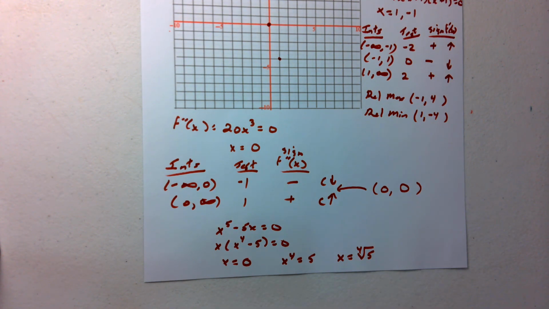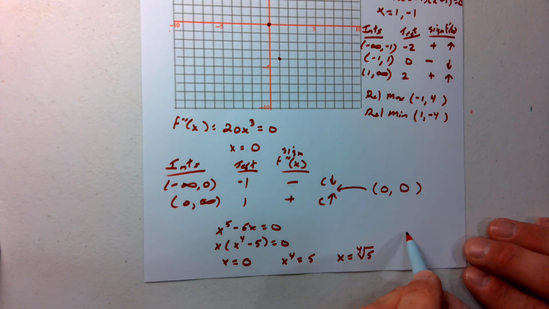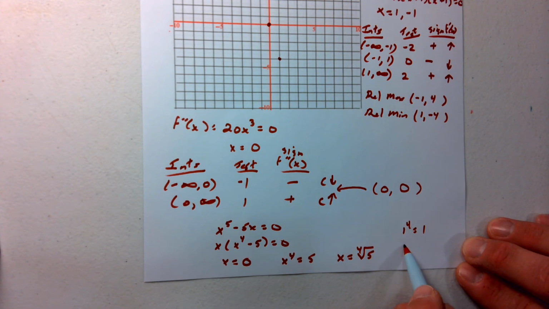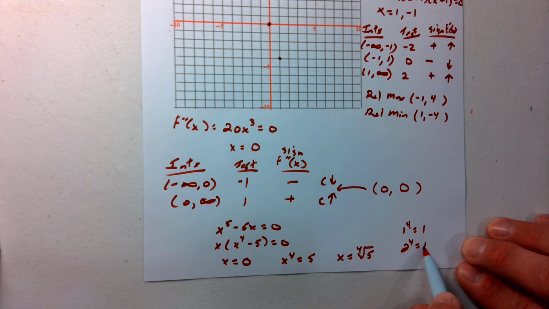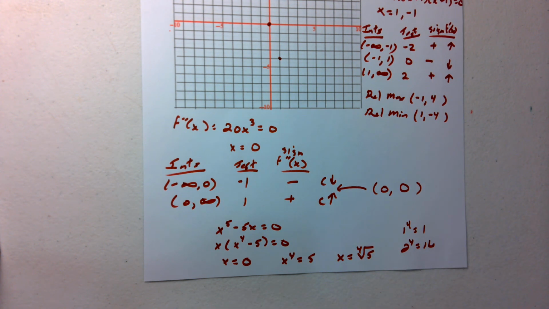When we think about the 4th root of 5, what do we know about our 4th roots? We know that 1 to the 4th is 1, and 2 to the 4th is 16. And 5 is much closer to 1 than it is to 16. So we know it's going to be right after 1, isn't it?